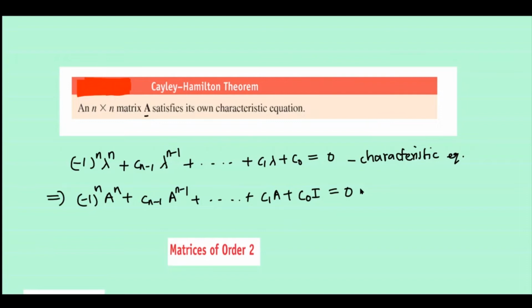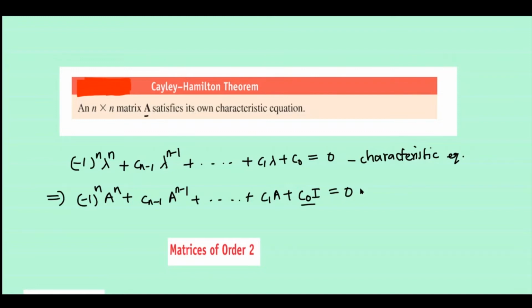Here each term we have matrices. Now C0 is a constant, so we cannot add like that. So we have to write C0 into identity matrix I, where I is the identity matrix of order n. So it is again an n by n matrix.